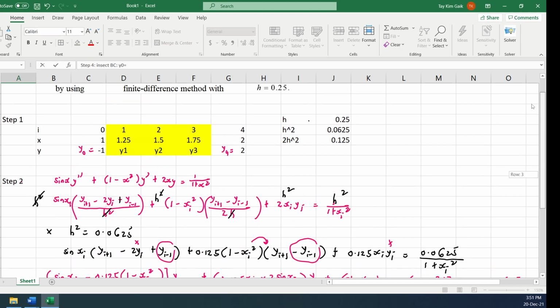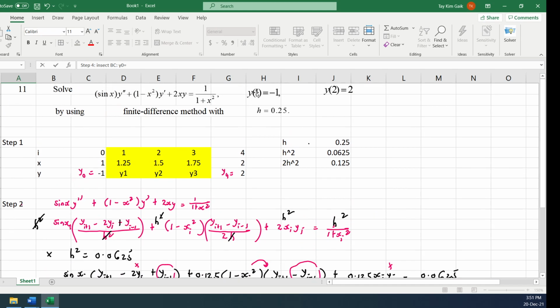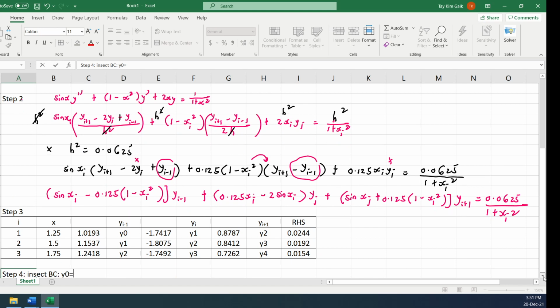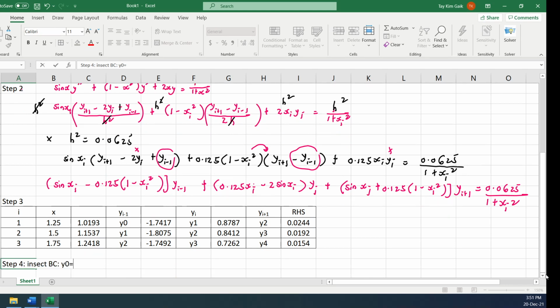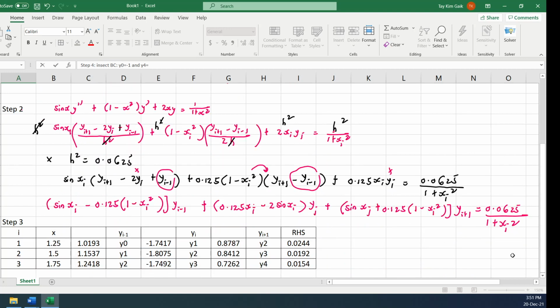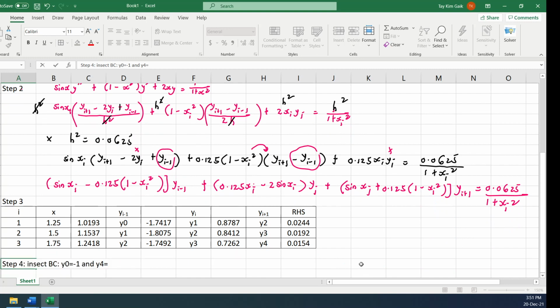Okay, you identify y bracket 1 equal to negative 1, which is equal y not equal to negative 1, and y number 4, from the second boundary condition given here, y number 4 is equal to 2. Okay, y number 4 equal to 2.